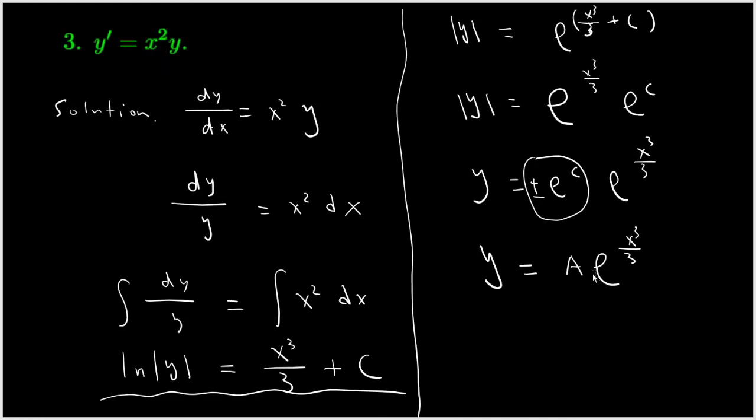So we can treat a as an arbitrary number. I spent a long time to make this point. So a is an arbitrary constant.